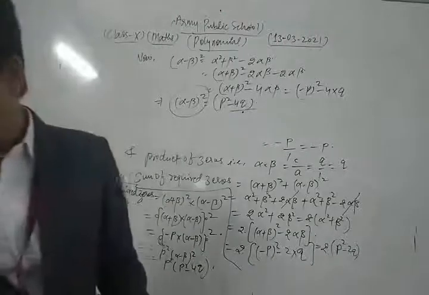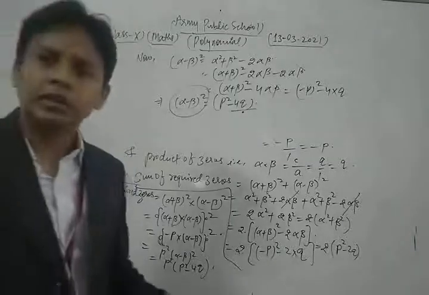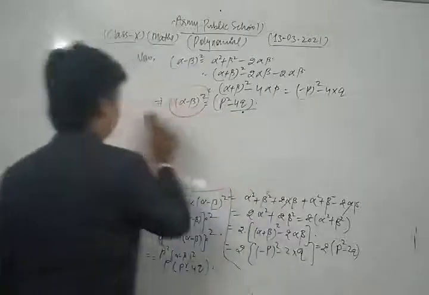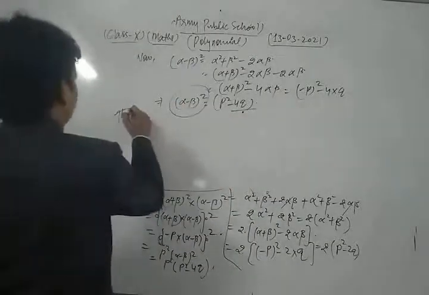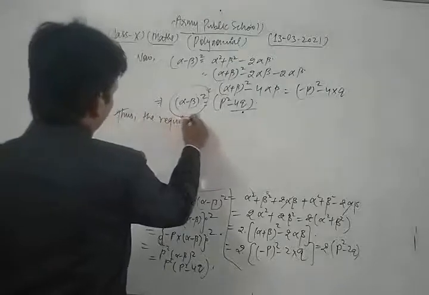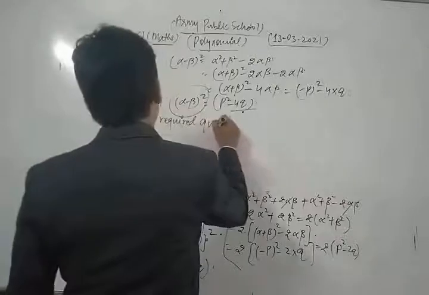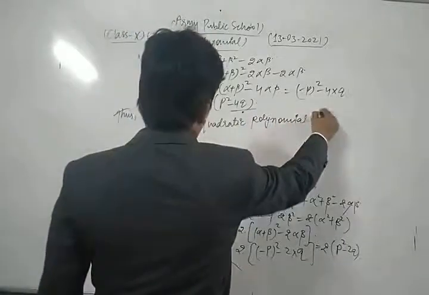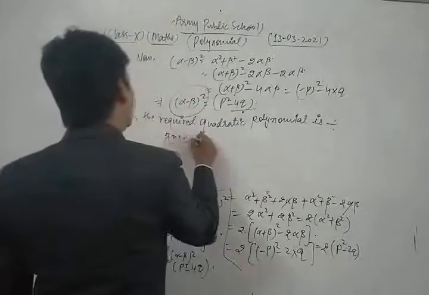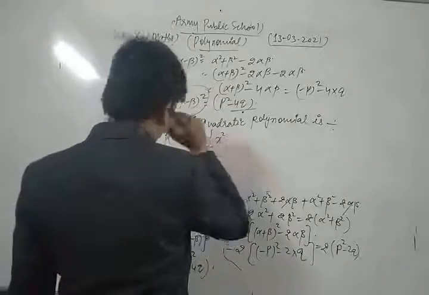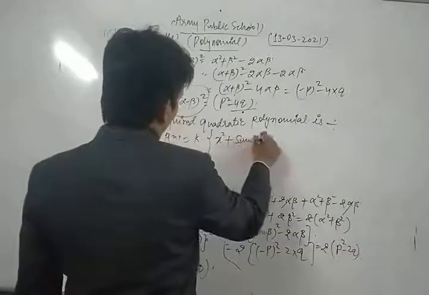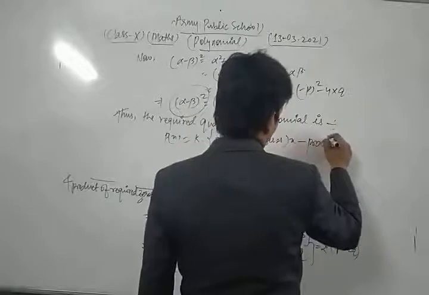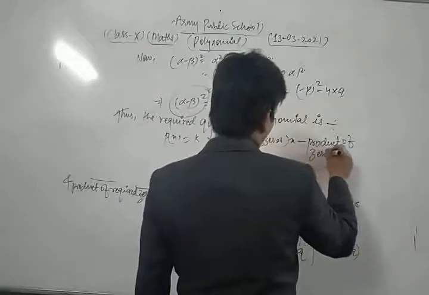Thus, the quadratic polynomial is, now we apply the formula, dear students. Thus, the required quadratic polynomial is p(x) is equal to k in bracket x square minus sum of zeros into x plus product of zeros.